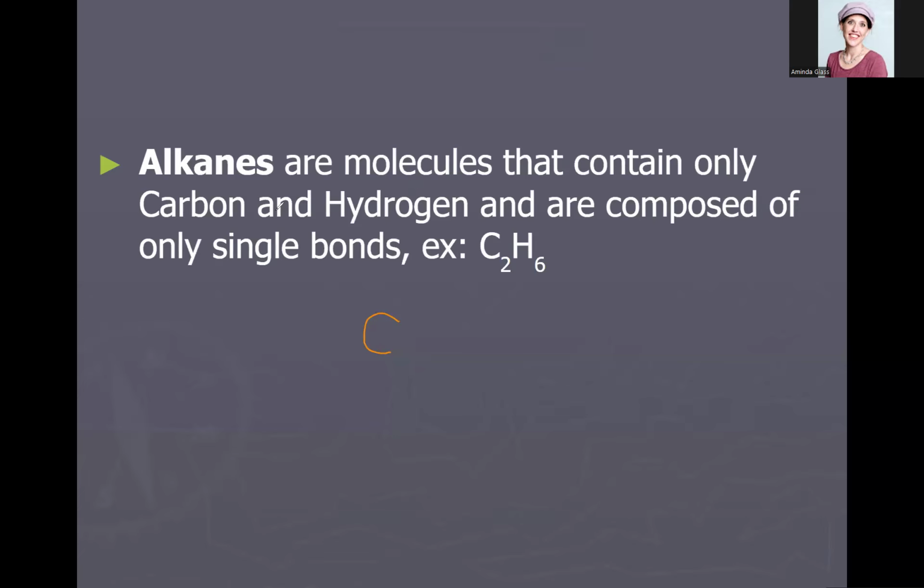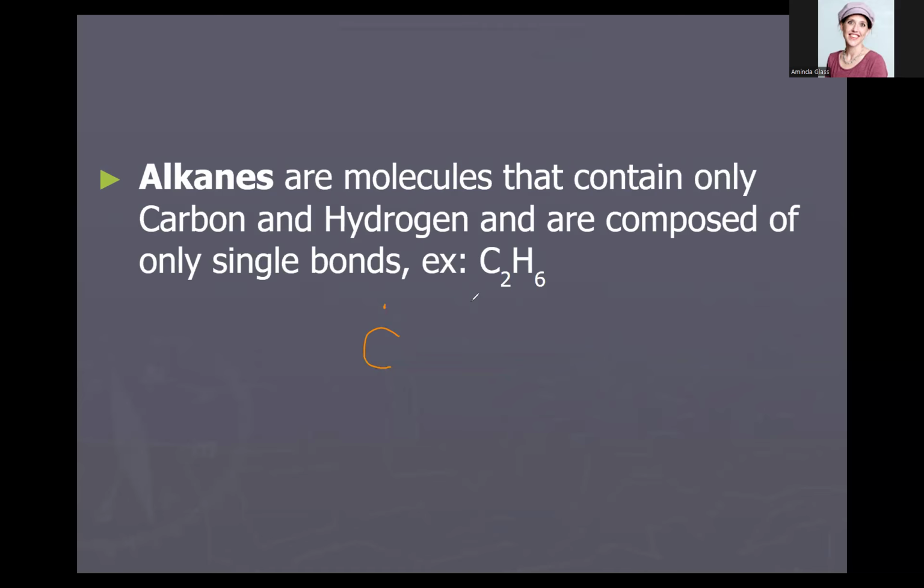And we know carbon has 4 valence electrons, so we do 1, 2, 3, 4. There are actually 2 carbons, so those are going to be in my center. And then we have 6 hydrogens that have 1 valence electron each.